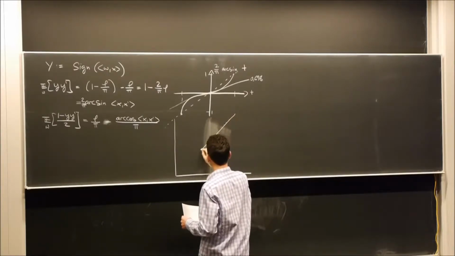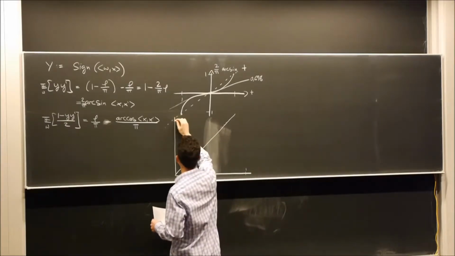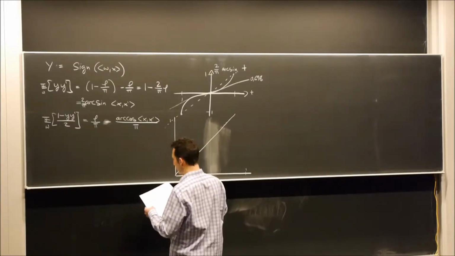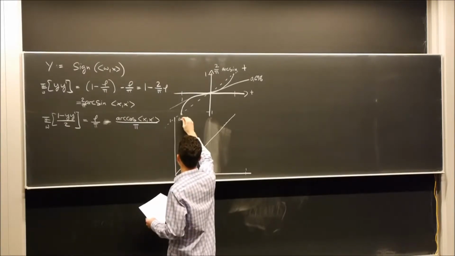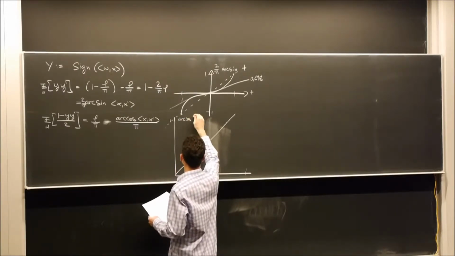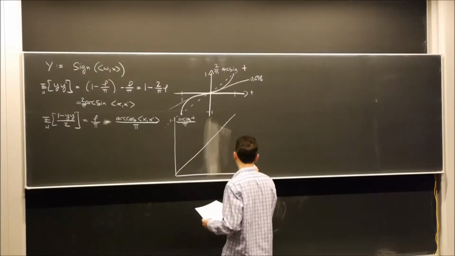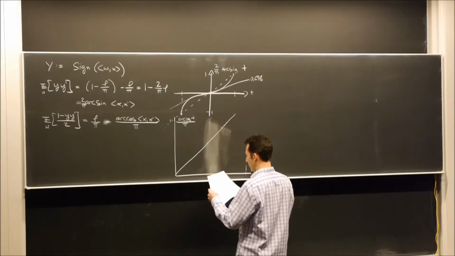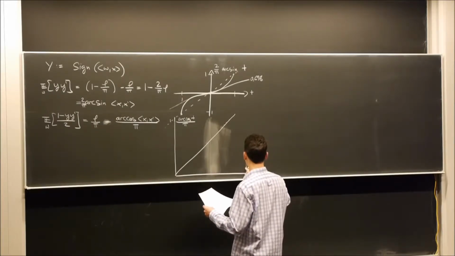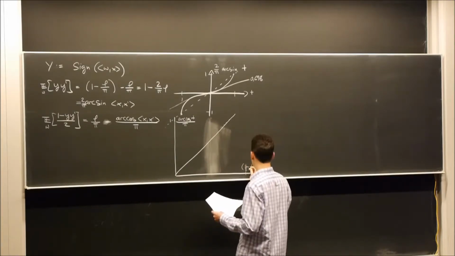Here I'm going to write arc cos t over pi, and here I'm going to write t. Actually, here I'm going to write 1 minus t over 2.